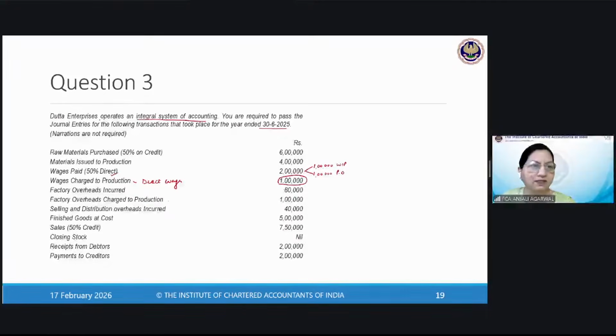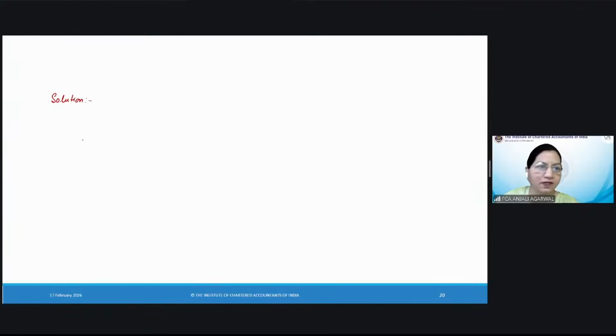So this question says Tata Enterprises operates an integral system of accounting, and you're required to pass the journal entries for the following transactions. First one is material purchased 6 lakh, 50% on credit. So what journal entry would the cost accountant pass? Narration is not required.